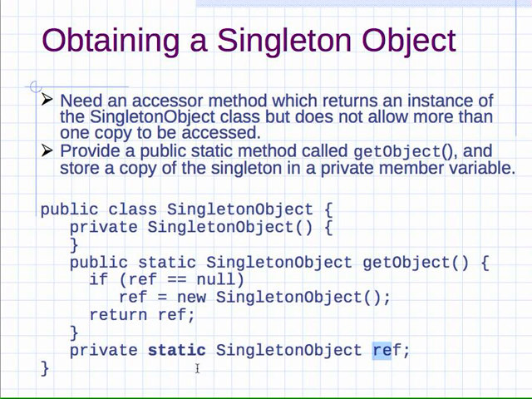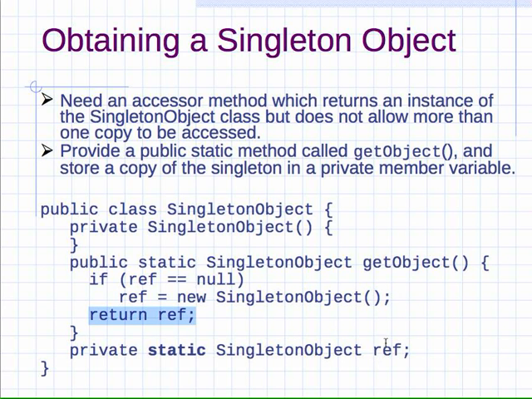And how do you get to this? You set up a getter method, and here's the thing, if you ignore the if statement, this will return a reference to the static reference object.